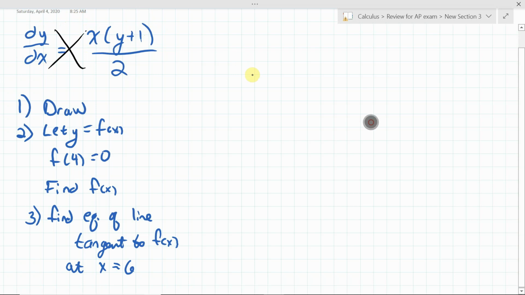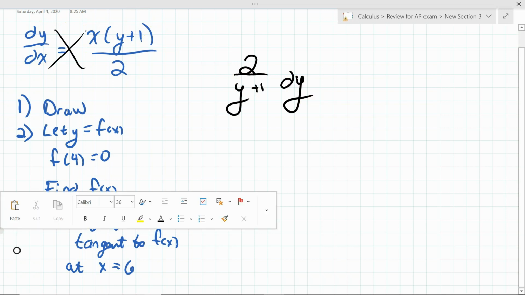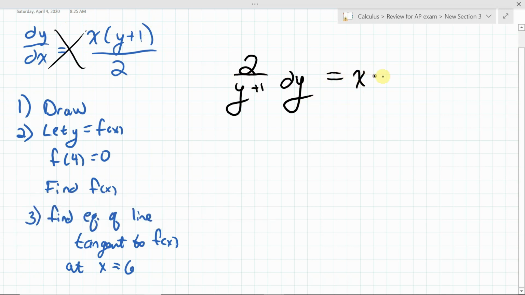So I could write something like 2 over y plus 1 dy is equal to x dx. And they're telling us this information. Remember that this is for C, and that will then put it together here to get a final answer.